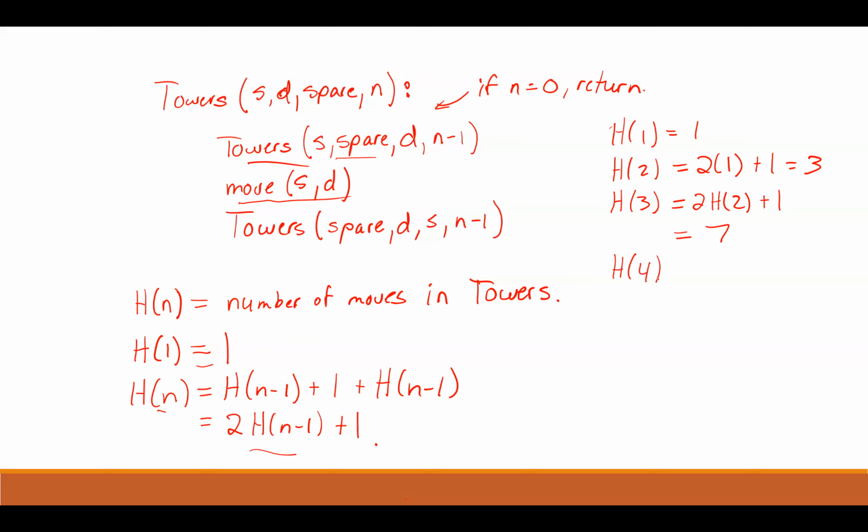H of 4 is equal to 2 times 7 plus 1 is 15. So I have 1, 3, 7, 15. And if I kept going, I would have 31, 63.